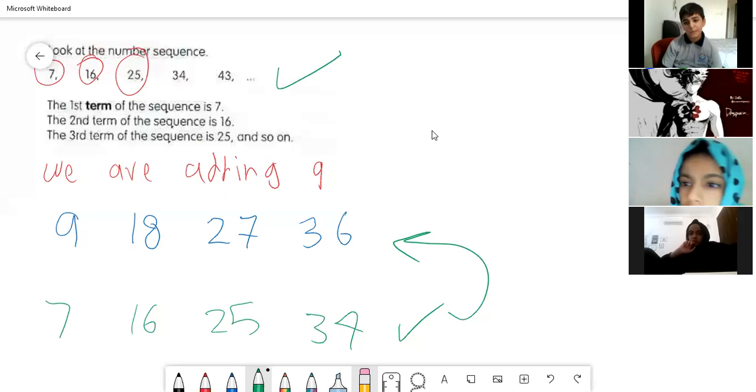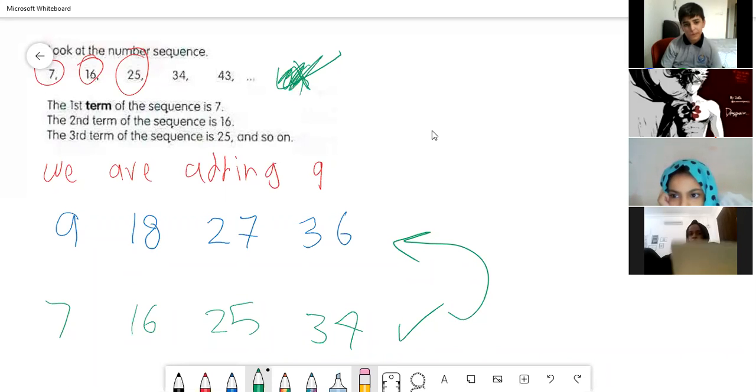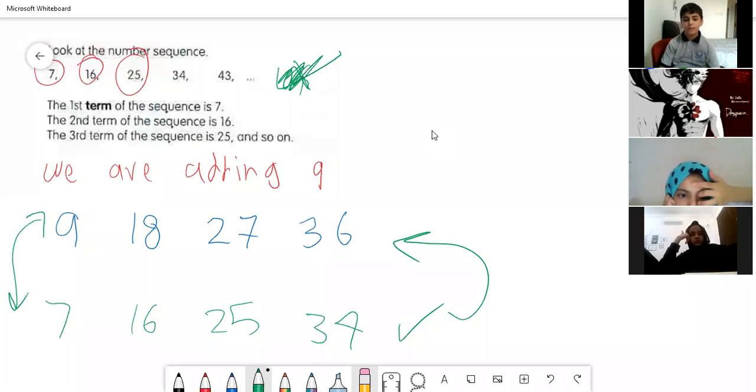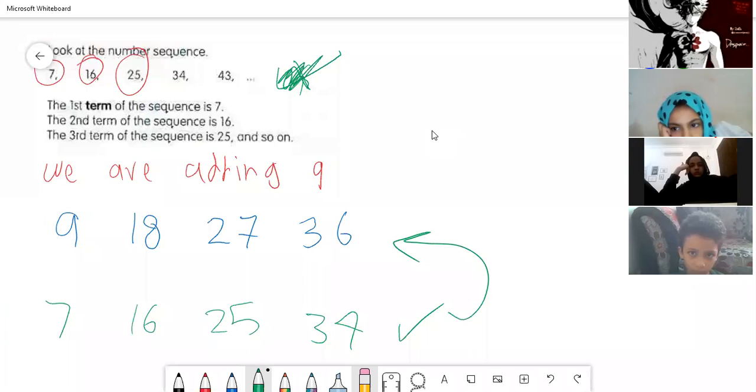Now I'm going to compare this sequence to the multiples of 9. So I place this sequence here. Now I can see the relationship between the two sequences. As Rumaysa said, from 9 to 7, we are subtracting 2, right?